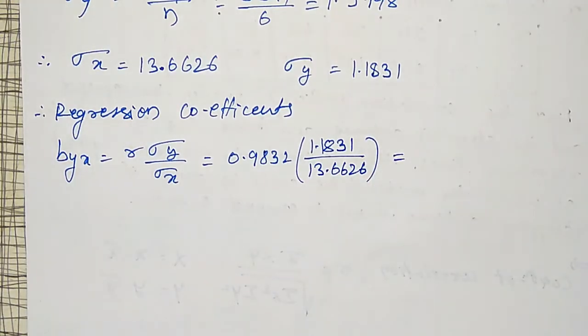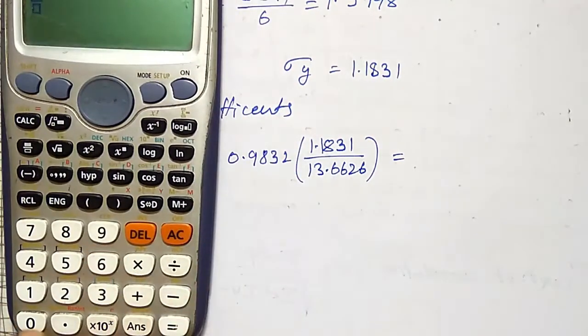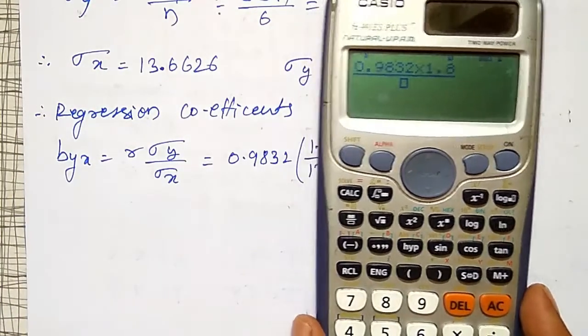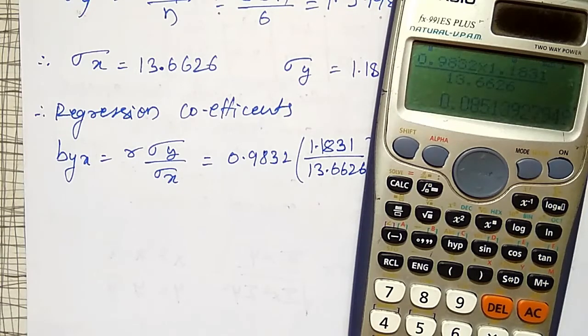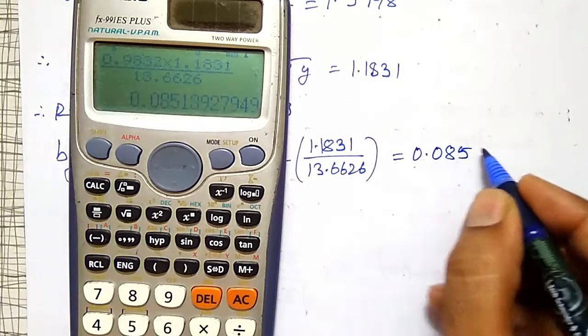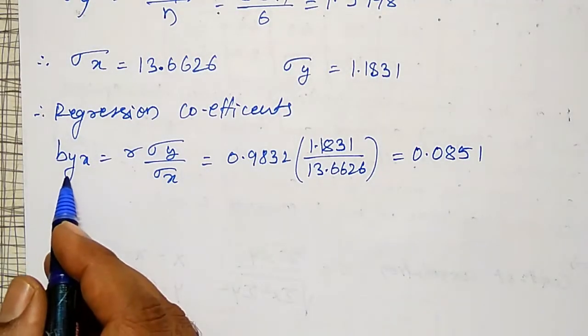Using the divide option, I am going to get 0.0851. That is my regression coefficient byx.